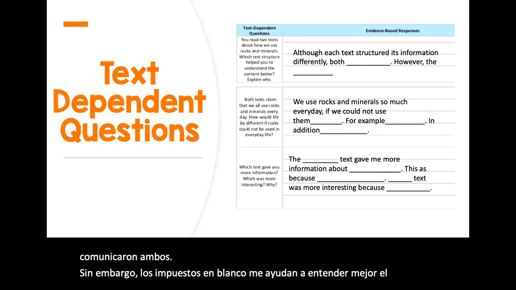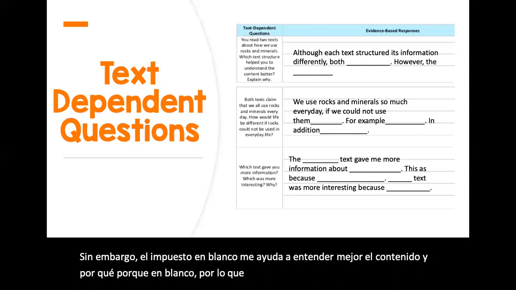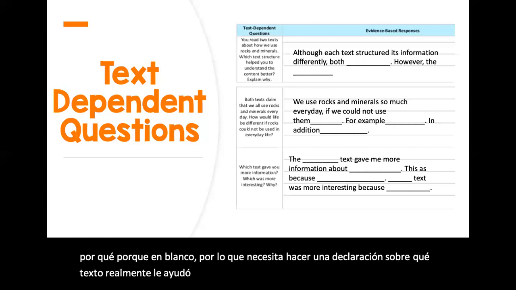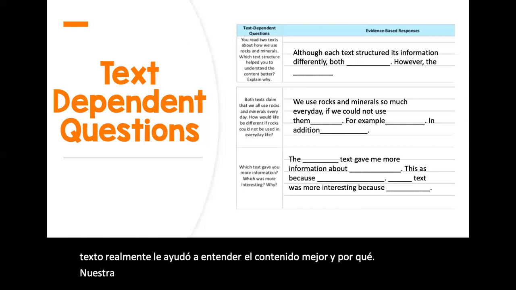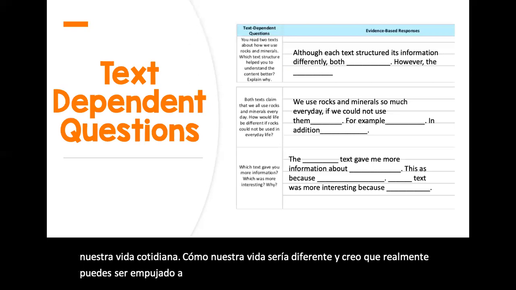Because blank. So you need to make a statement on which text actually helped you understand the content better and why. Our second question is explaining if we couldn't use rocks and minerals in our everyday life, how our life would be different. And I think you can really be pushed to give multiple examples of how our life would be different. So that's what this sentence frame is set up to do.